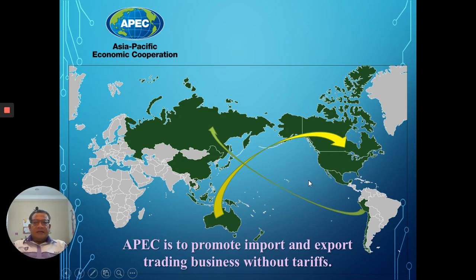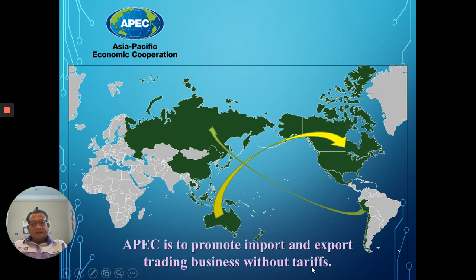A tariff is actually an additional tax that an exporter must pay in order to send their goods to the importing country. As such, it will contribute to additional cost of exporting from one country to another country. So APEC is to promote free import and export trade business, basically without tariff.